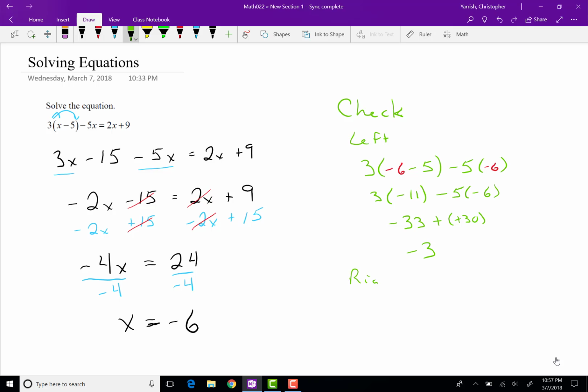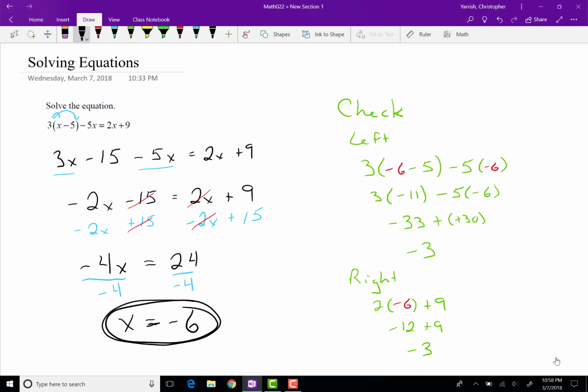Hopefully my right-hand side also gives me a negative 3 when x is a negative 6. So notice here that's a negative 12 plus 9. Hey, look at that. That's a negative 3. My two sides match when x is a negative 6. So this really is my solution. And we've solved that equation.